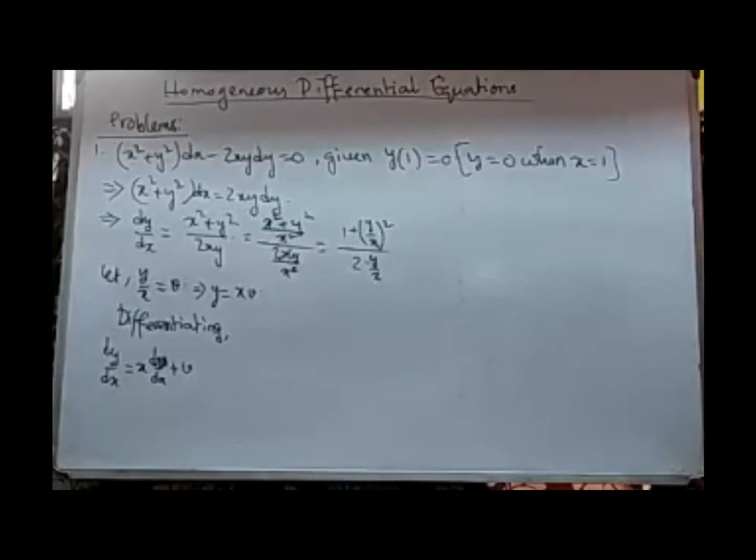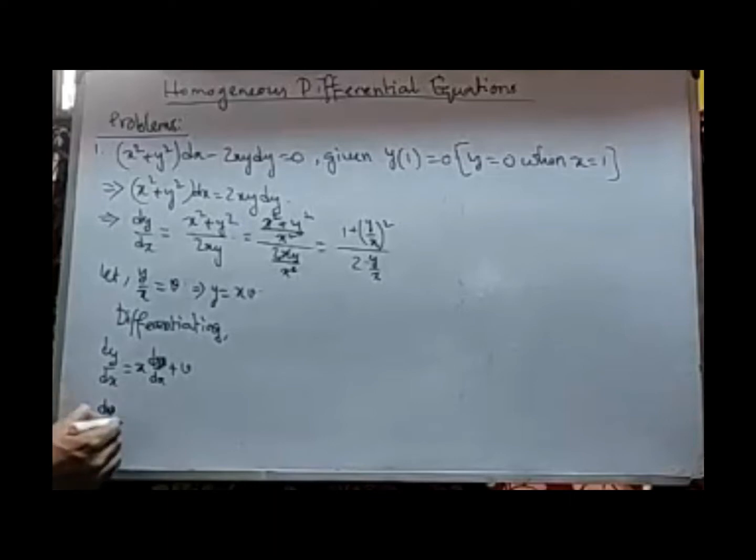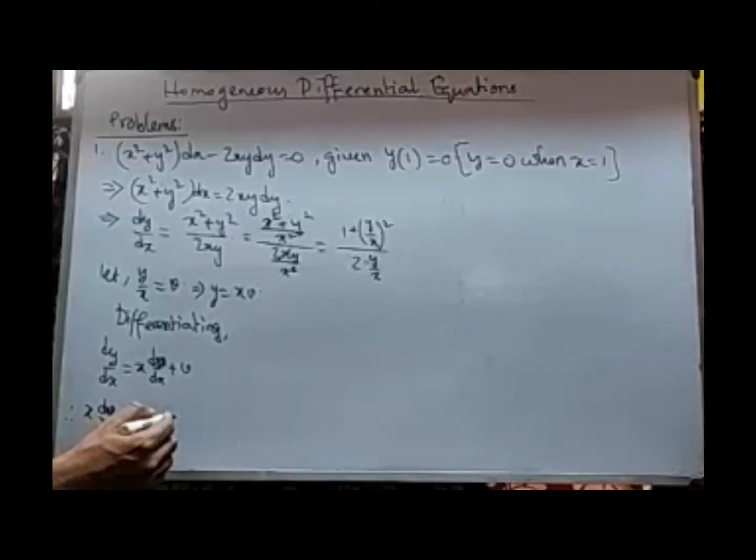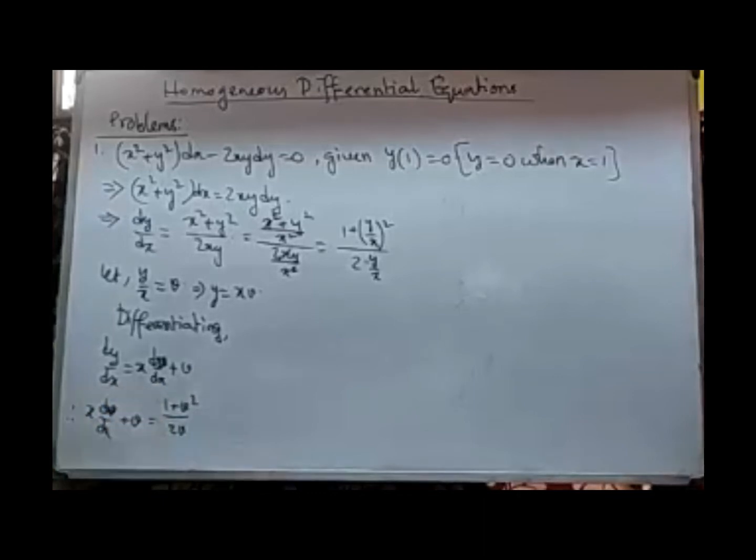Okay, so now this value we are putting in the equation. So x dv/dx plus v equals this (1 plus v square) divided by 2v. x dv/dx plus v equals (1 plus v square) by 2v.